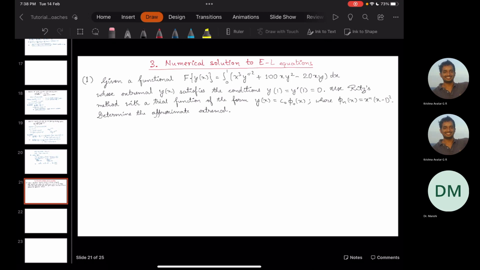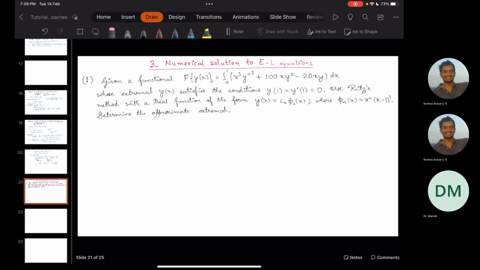So we are essentially trying to approximate our extremal in terms of just one basis function, which is phi naught of x. Fine. And we have to determine the approximate extremal. Since we already have the expression for our basis function phi naught of x, all that we require is to determine the expression for c naught.